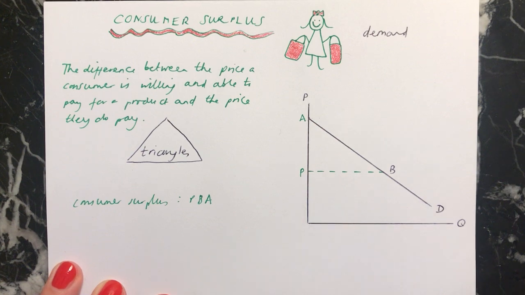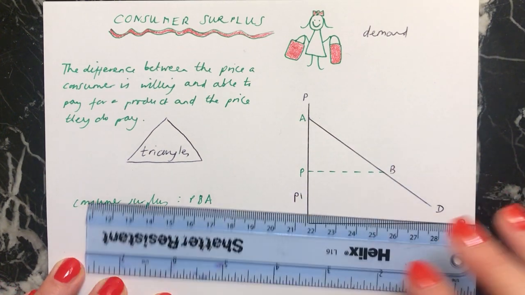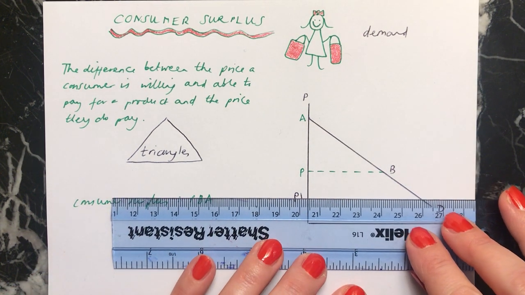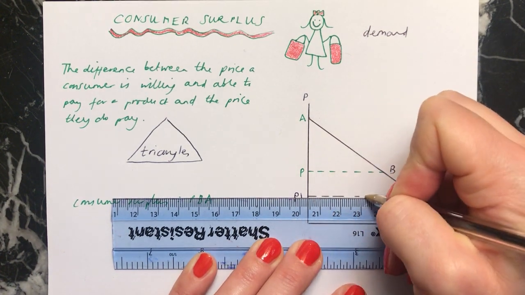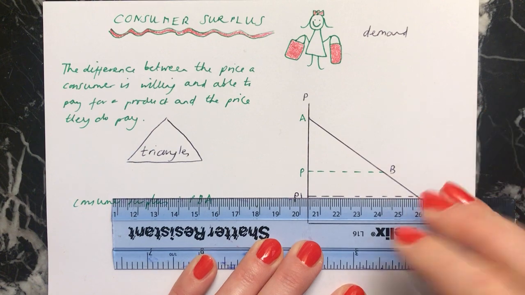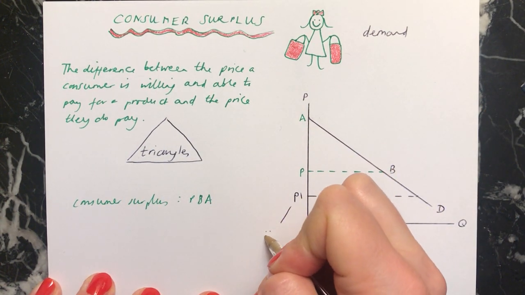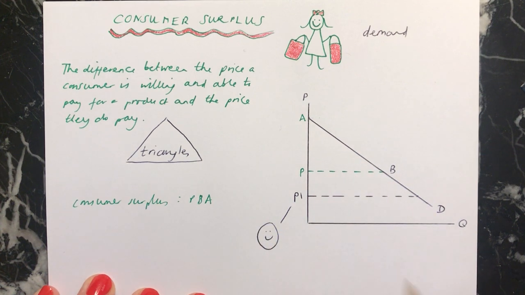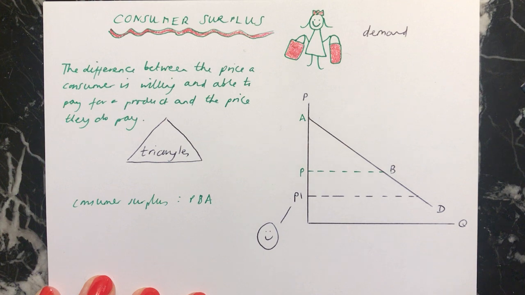If in this situation the price fell to P1, we can then look at the impact on the consumer surplus. And we can see that if the price falls, this is obviously better for the consumer because they're paying a lower price in comparison to the price that they're willing and able to pay for the product. And therefore, their consumer surplus has got bigger.